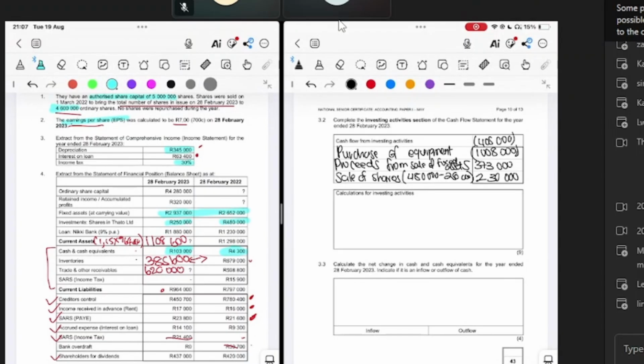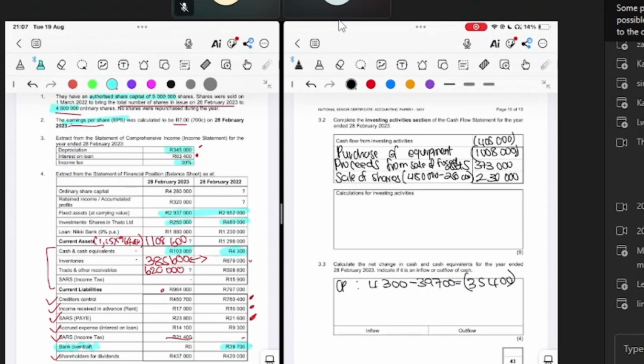Now there's another account, the bank overdraft. That is also part of your cash and cash equivalents. It's just a negative part of it. So in 2022, we have that as well. That means our opening balance will be equal to 4,300 minus 39,700, which gives us negative 35,400.